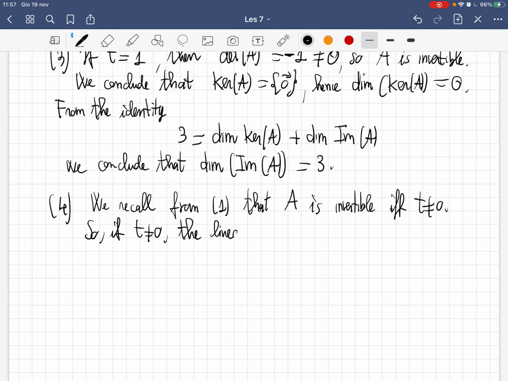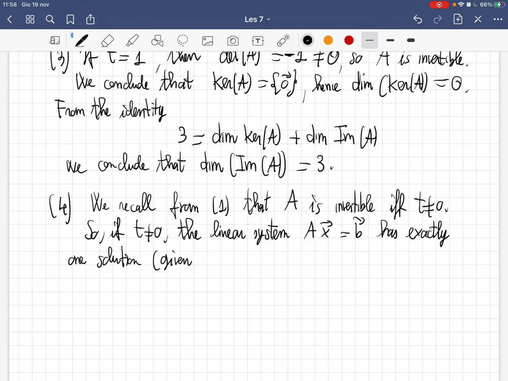the linear system Ax equal to b has exactly one solution given by, I mean, this is not really necessary, but if you want just to say this, it's okay.